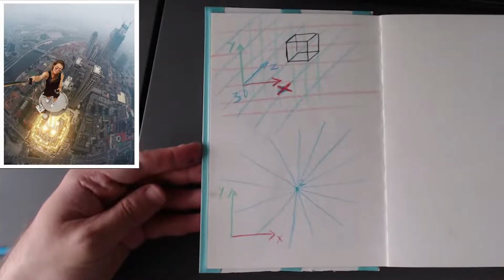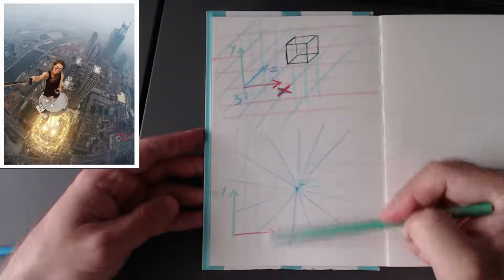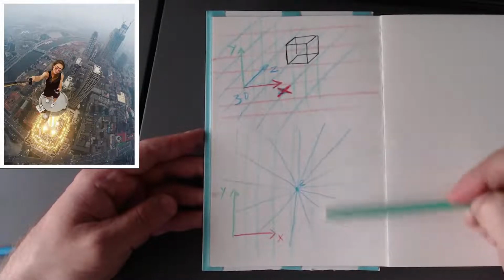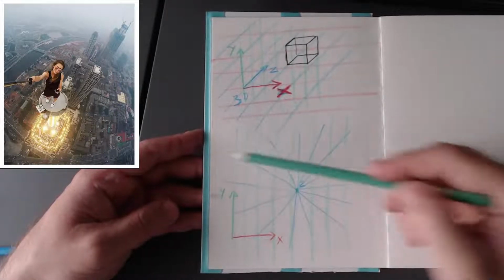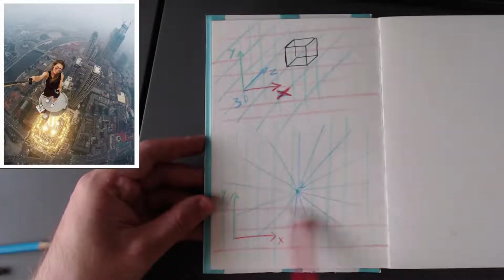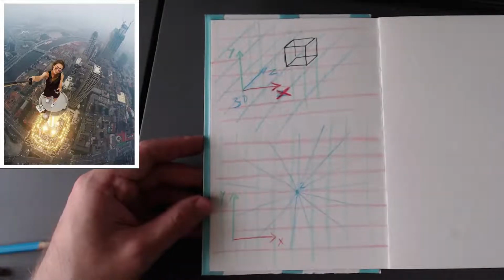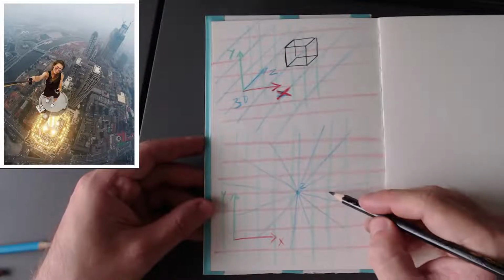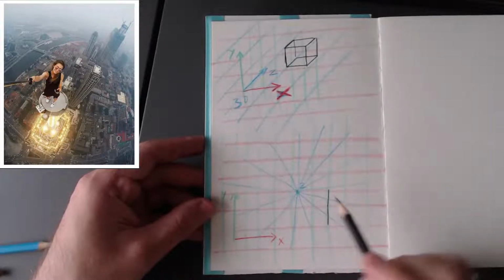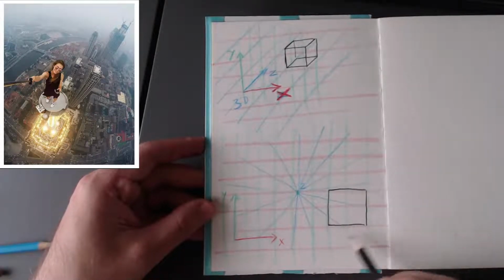Then we can also draw this kind of grid where we just repeat the parallel Y-axis and repeat the parallel X-axis. And in this situation, like a box, I draw a vertical line like this, a horizontal line like this. So it's a two-dimensional square here, or a rectangle if it's not equal.